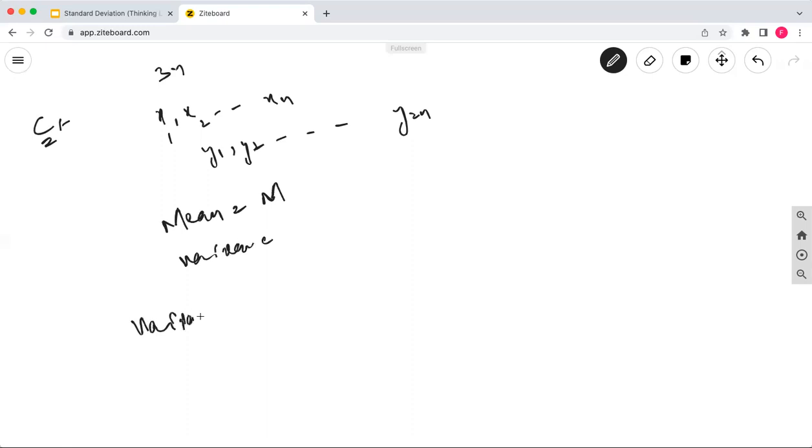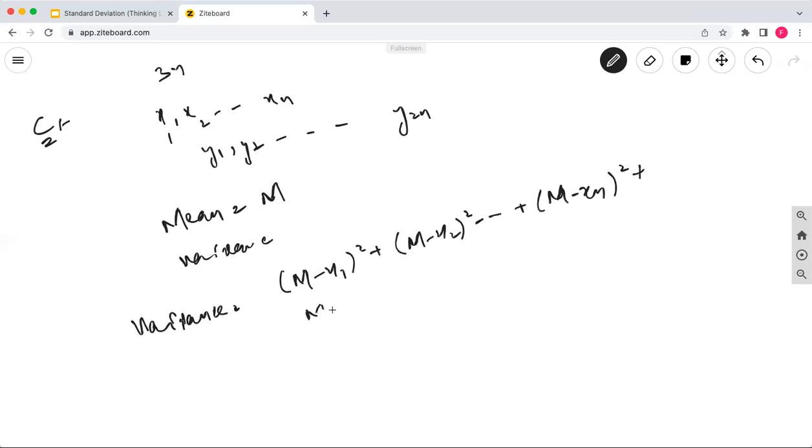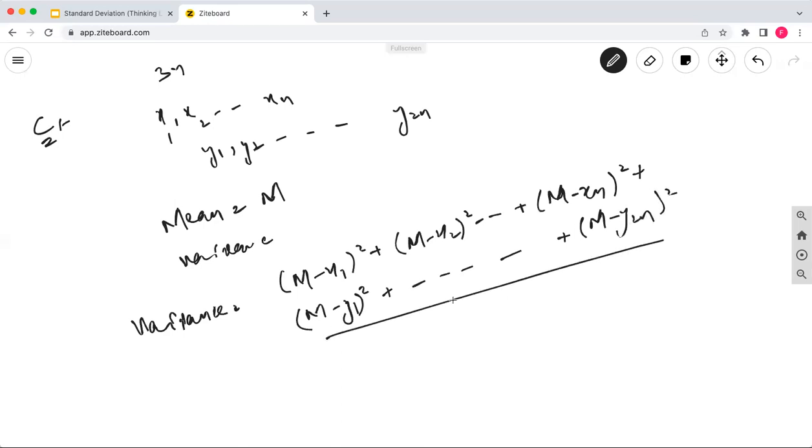Variance is equal to (mean minus x1) square plus (mean minus x2) square up to (mean minus xn) square plus (mean minus y1) square up to (mean minus y2n) square, divided by n plus 2n. If you see closely, we already know these values.